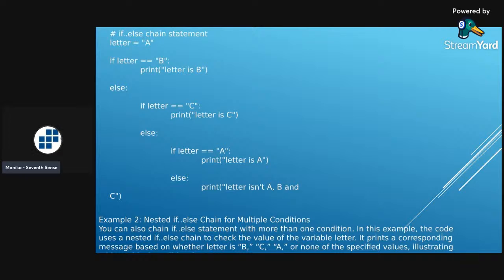It is nothing but an if else statement with more than one condition. In this example, the code uses a nested if else chain to check the value of the variable letter. It prints a corresponding message based on whether the letter is B, C, A or none of the specified values. Understood?